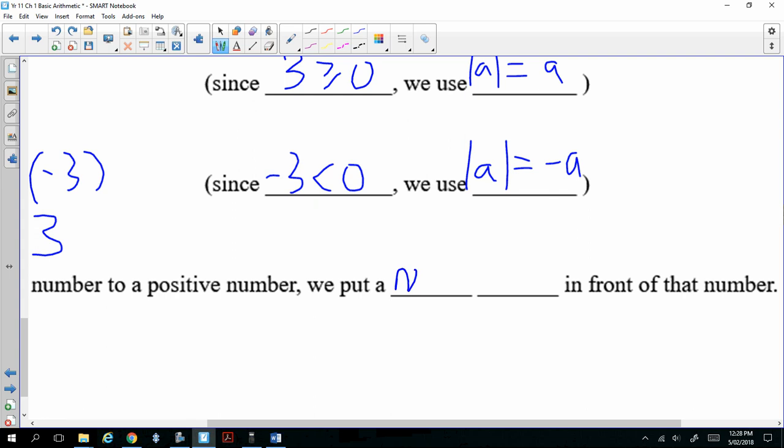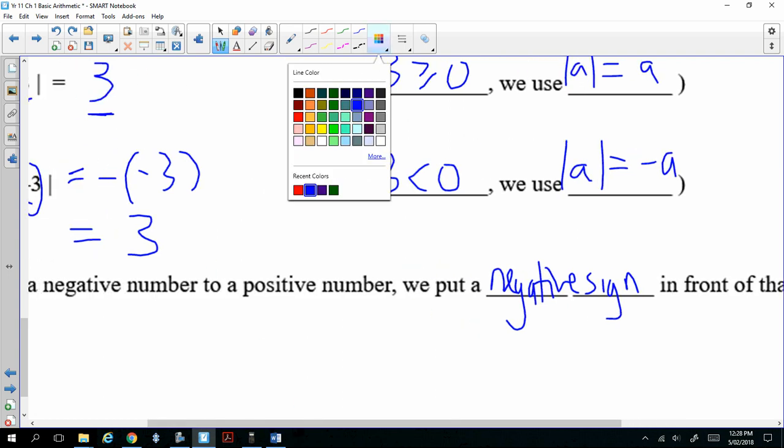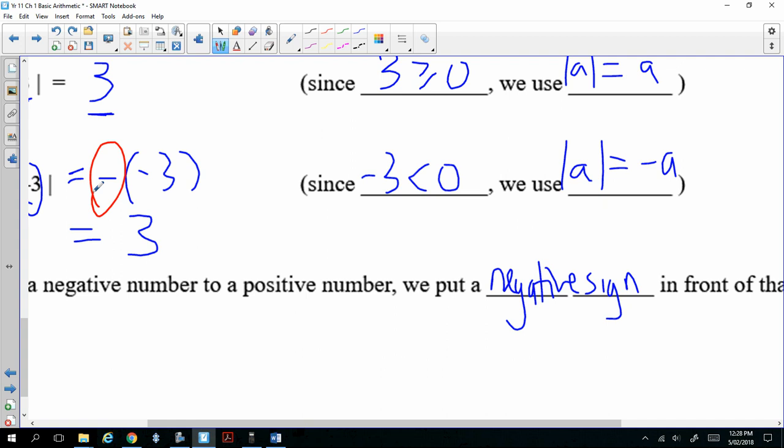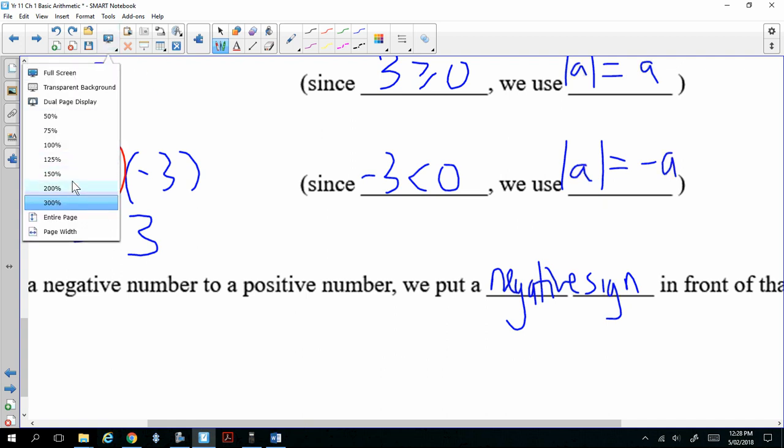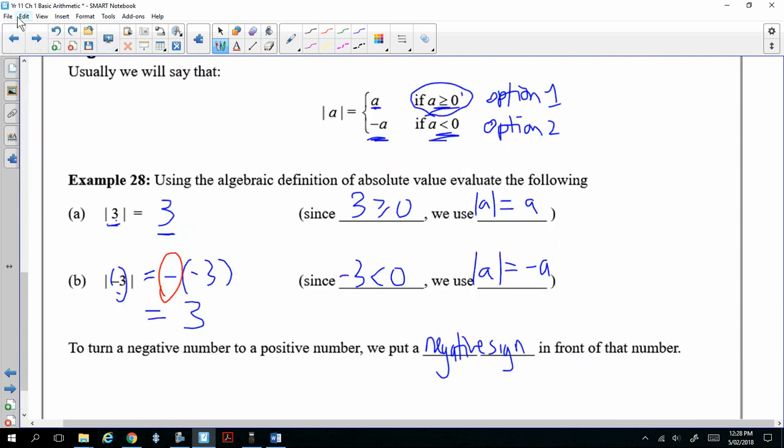This is what we did. That will turn it into positive. Alright, on the next few pages, we're going to do some examples of that. Pay very careful attention because they can get a bit abstract.